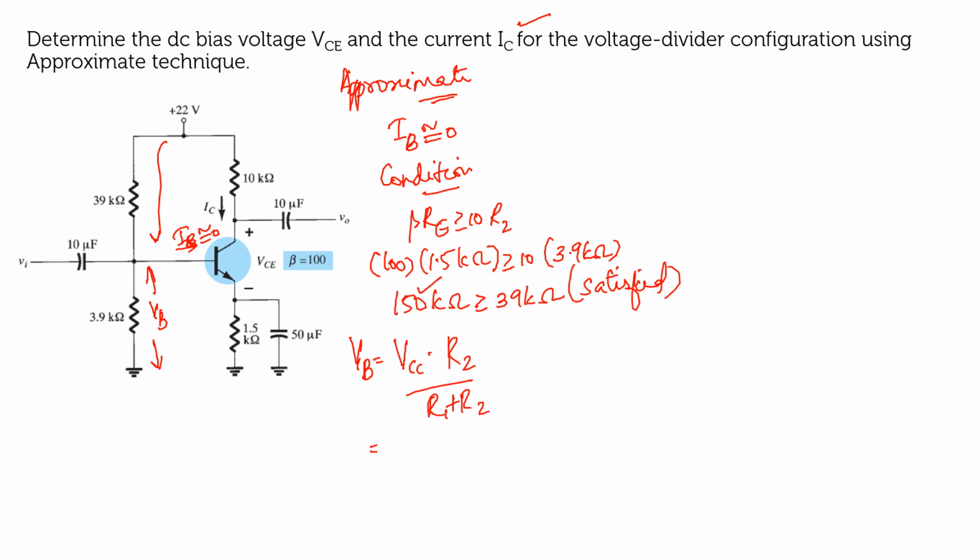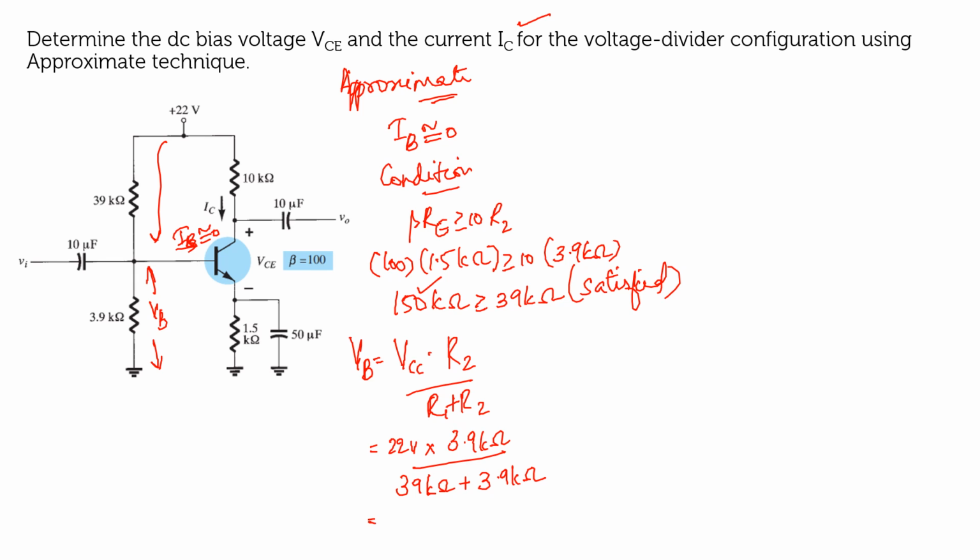What is VCC? It is equal to 22 volt into R2, 3.9 kilo ohm, divided by R1, 39 kilo ohm plus 3.9 kilo ohm.